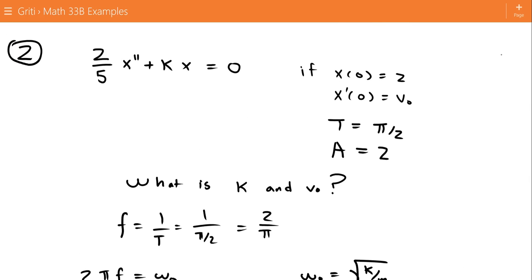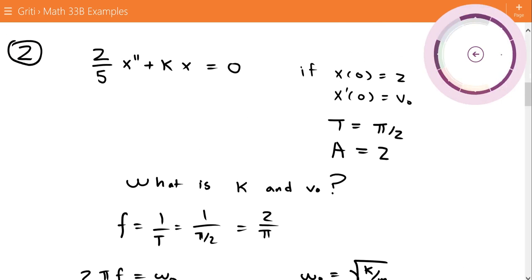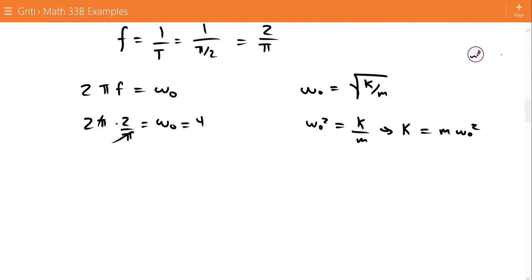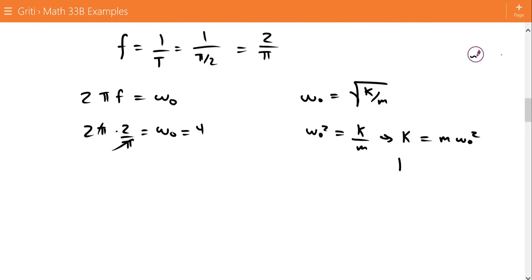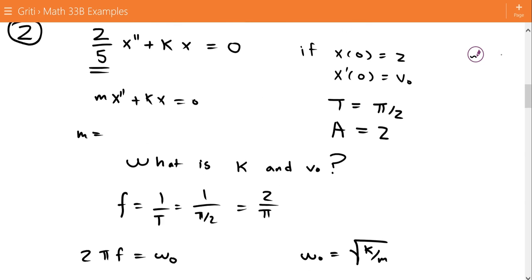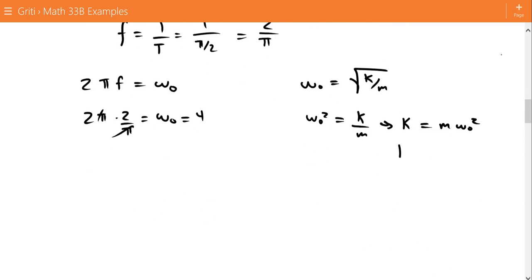To find m, we look at our differential equation. The differential equation should be m x double prime plus k x equals 0. So that means 2/5 is equal to m. So write that m equals 2/5.